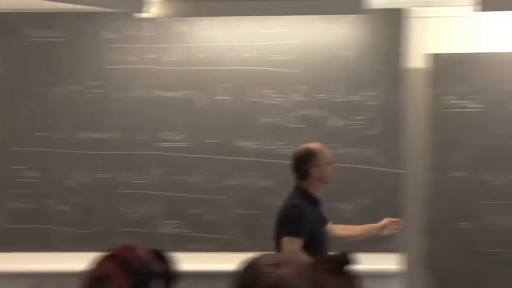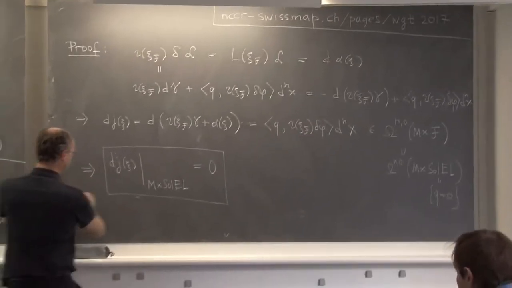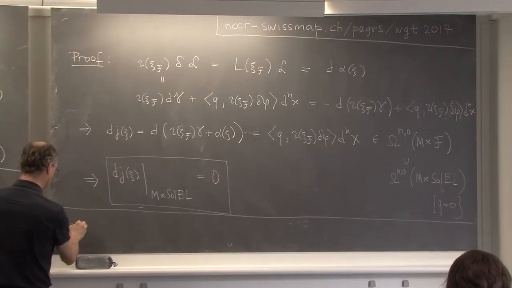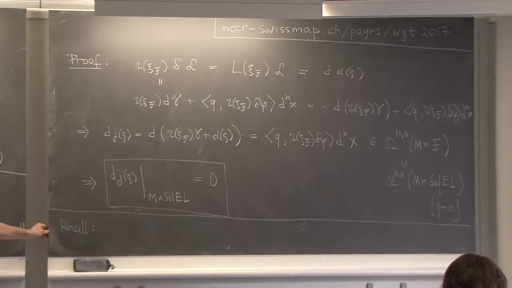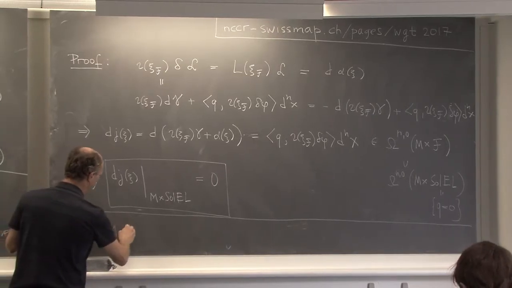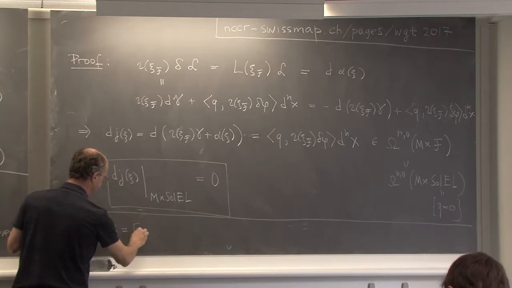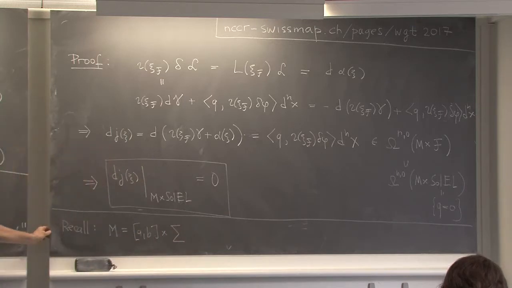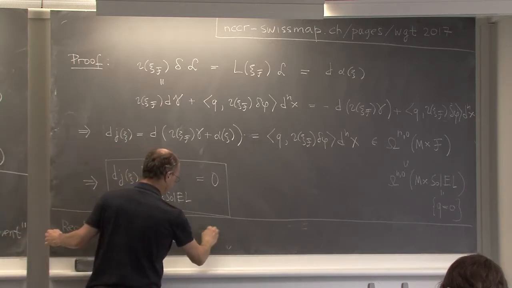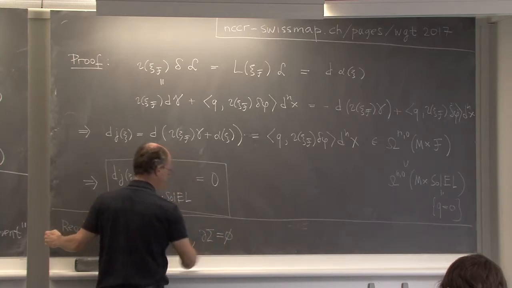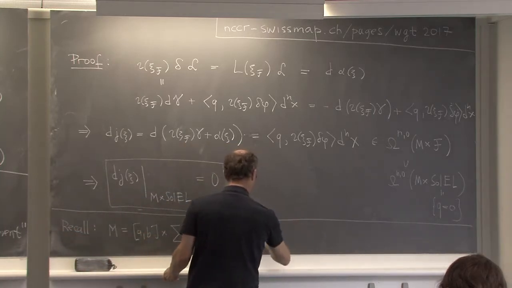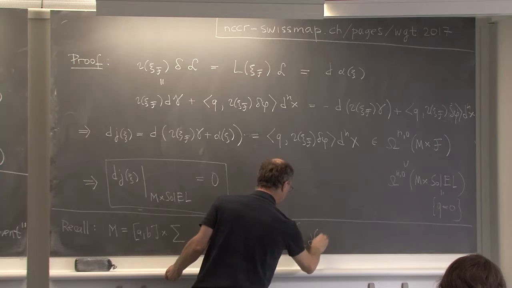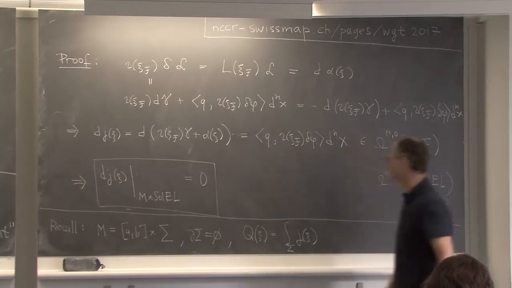Maybe before I give examples, let me recall a piece of notation we had last time. When M, the space-time, is a segment or possibly a real line times a manifold sigma, and sigma has no boundary, then we introduce the notion of charges.